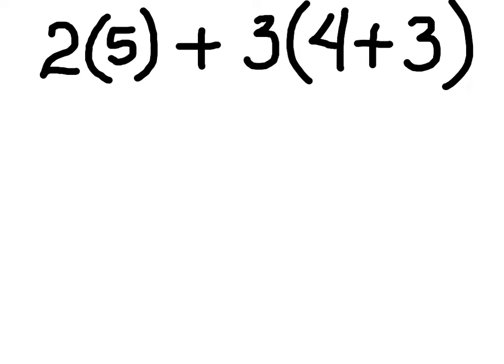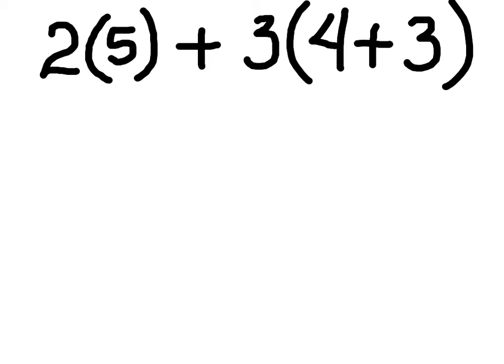Now with the 2 open paren 5 close paren, some people want to jump to that and go, oh, parentheses, I have to do something with the 5. Well, all that is doing is separating that 5 and putting it next to the 2. That's another symbol, another way of saying multiplication. So when you see the 5 within the parentheses, you need to remind yourself there's nothing to do to the 5. It's just separating it out and reminding you that it's multiplying by 2.